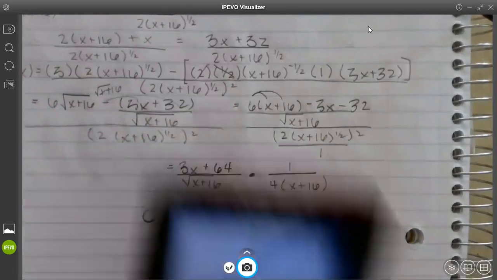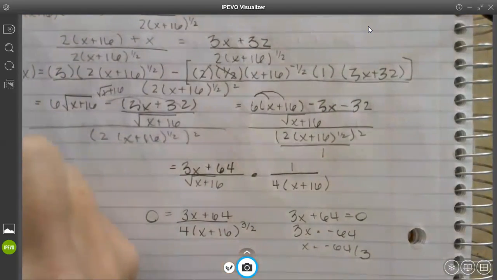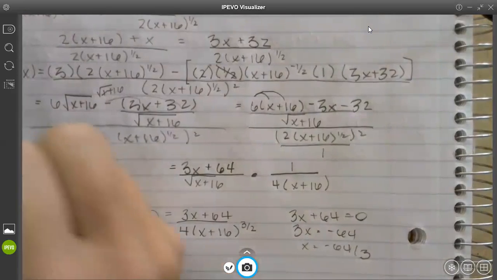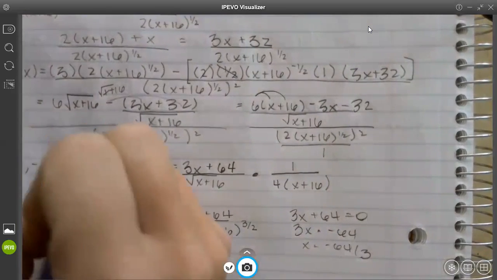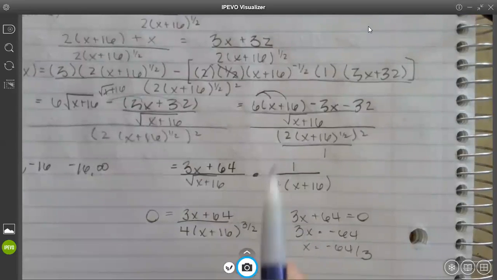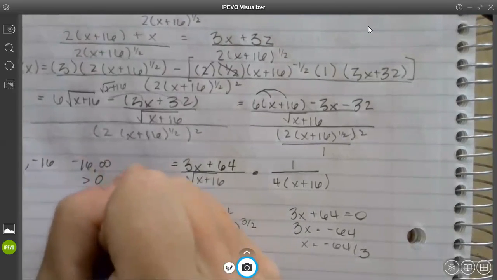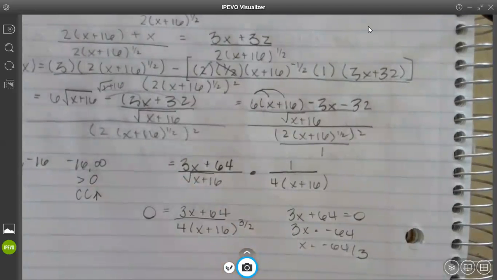And then look at this graph. It says, so we can look at A or B, concave up on negative 16 to infinity or concave down. So if we went negative infinity to negative 16 to infinity, and we plug in, you're going to find that it's greater than 0 right here. So this is where it's concave up. What's wrong with this?